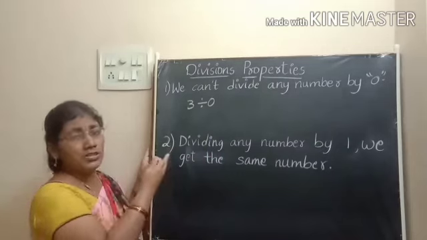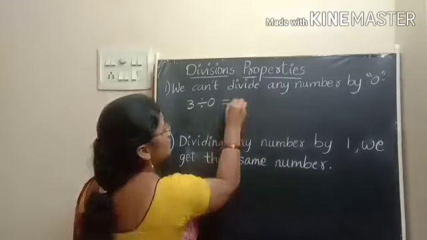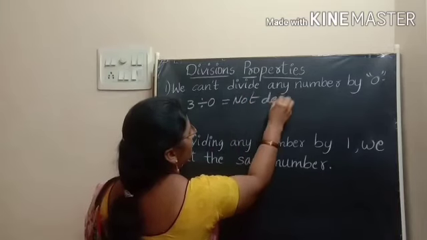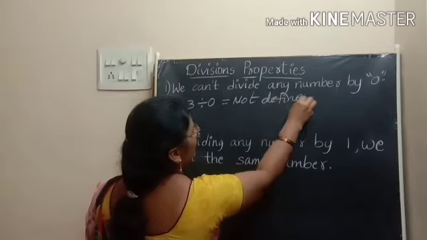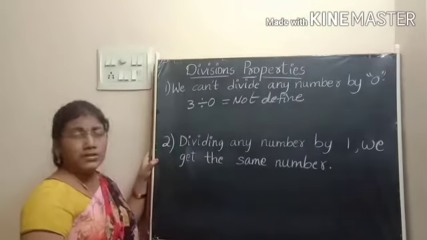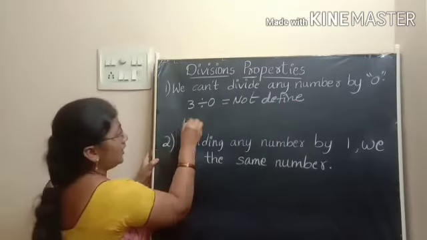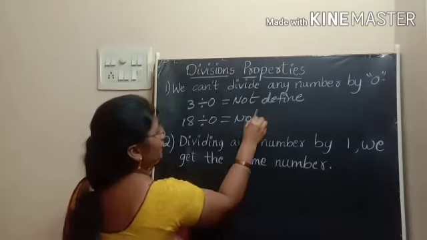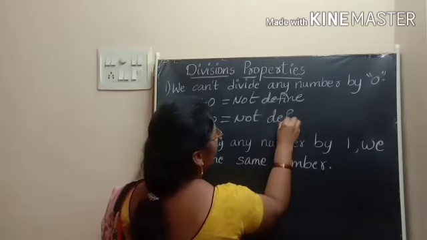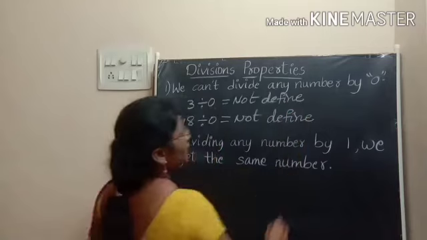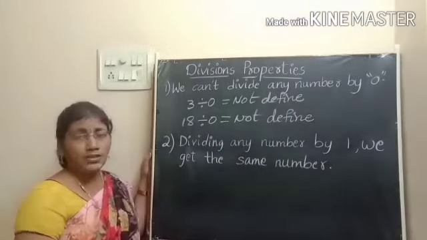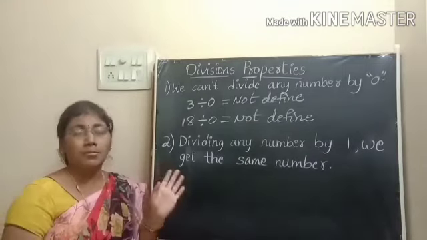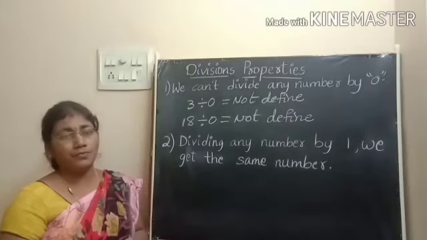It is not defined. We can't define this operation. And 18 divided by 0 is also not defined. So, we can't divide any number by 0.